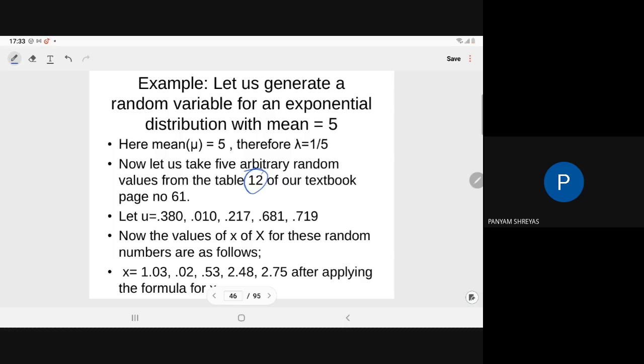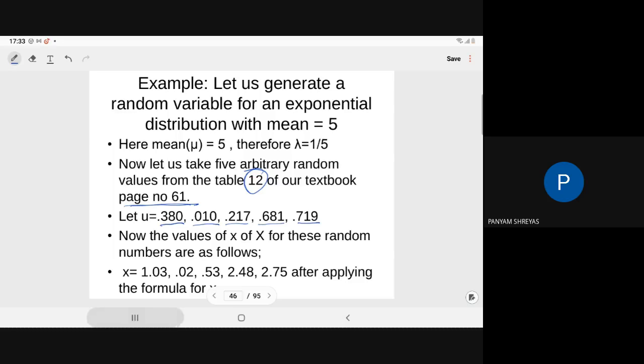Table 12 consists of the random numbers. So random numbers we are taking from page 61. Here the random numbers are 3 digit random numbers: 0.380, 0.010, 0.217, 0.681, 0.719.